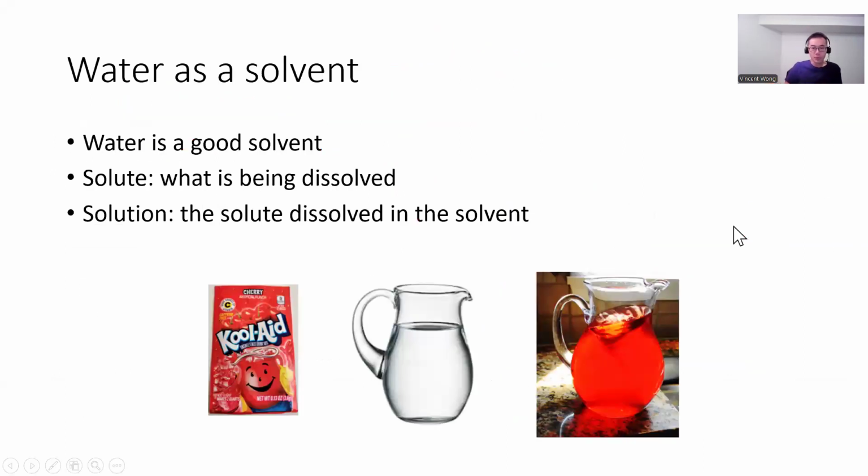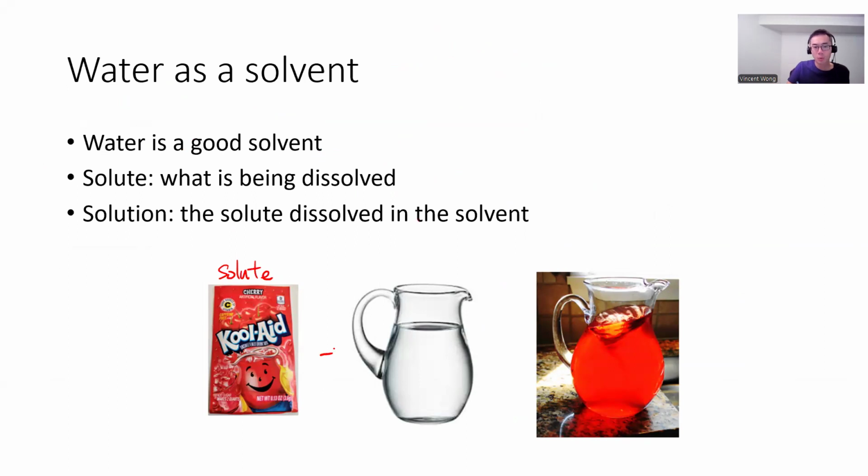Water is also useful in a biological system because it's a very good solvent. A solvent is usually a liquid that dissolves something else. If you think of one of these Kool-Aid packages, it's powder. This would be the solute.